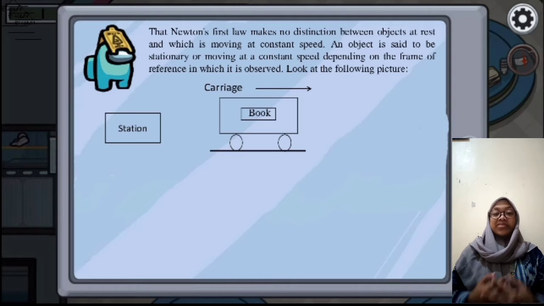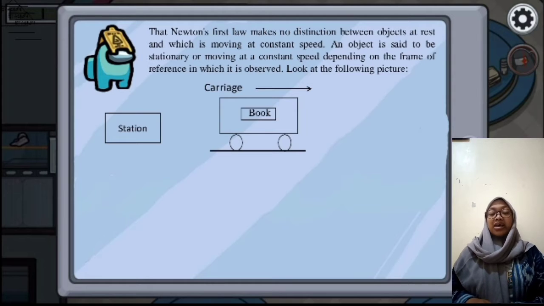Look at the following picture. The picture above shows a book on the table in a train carriage. When the carriage stops at a station, the carriage and book are said to be stationary.